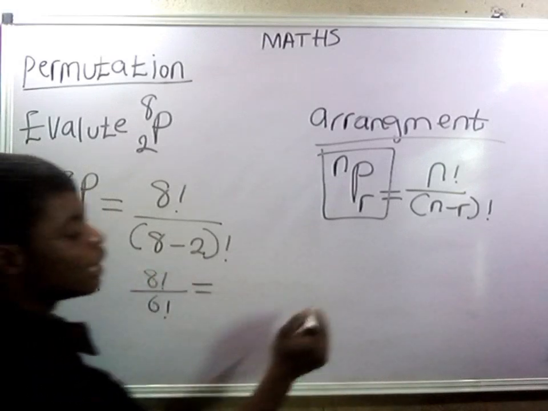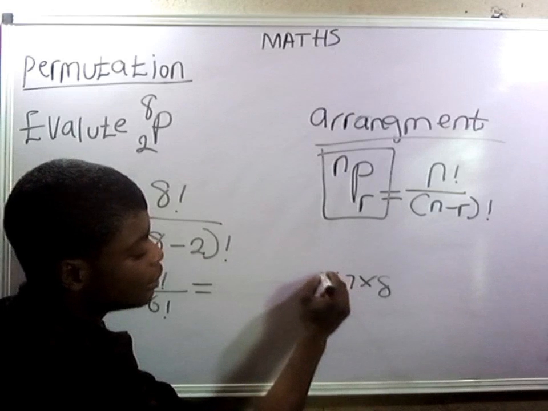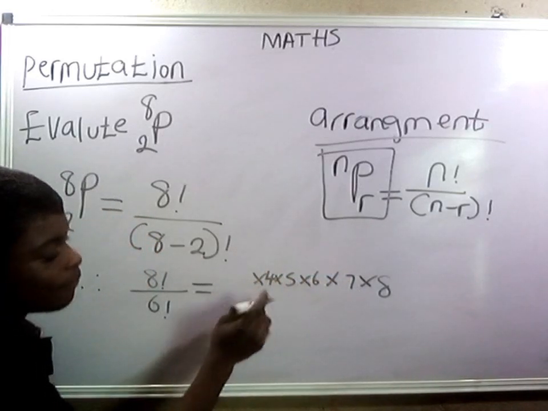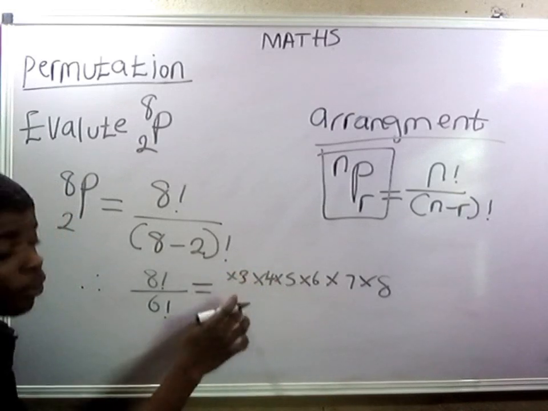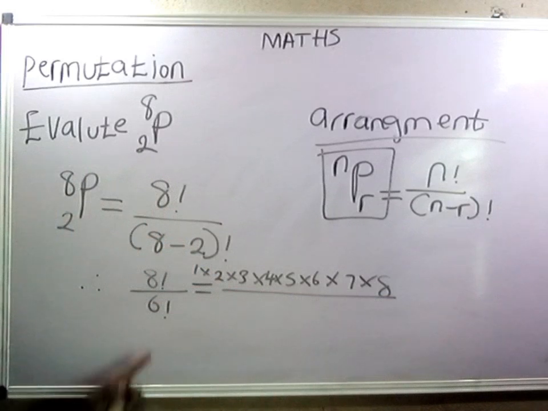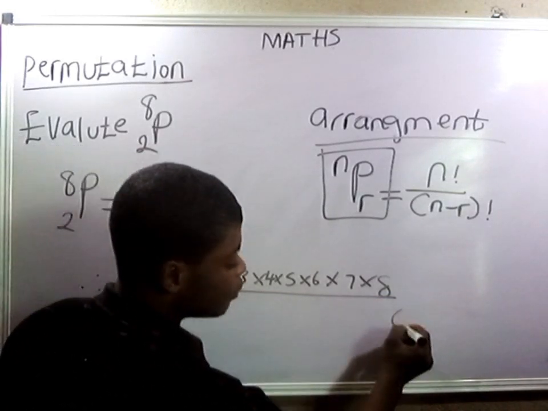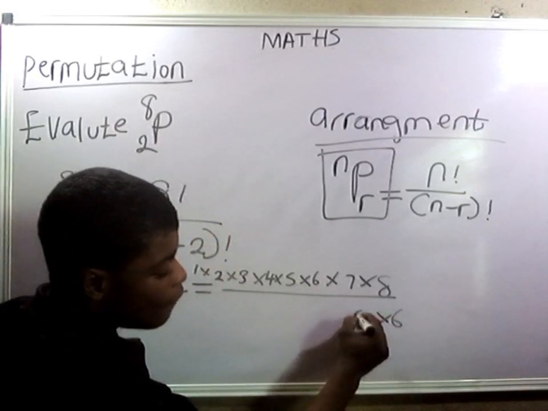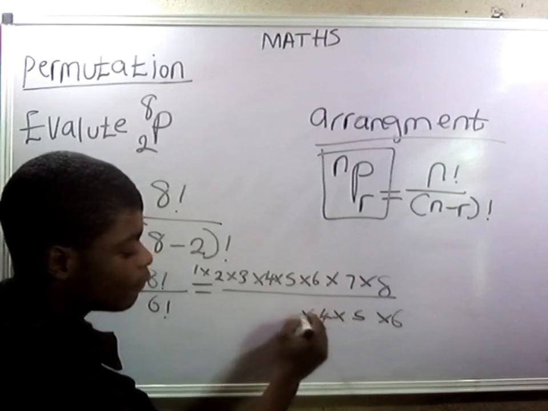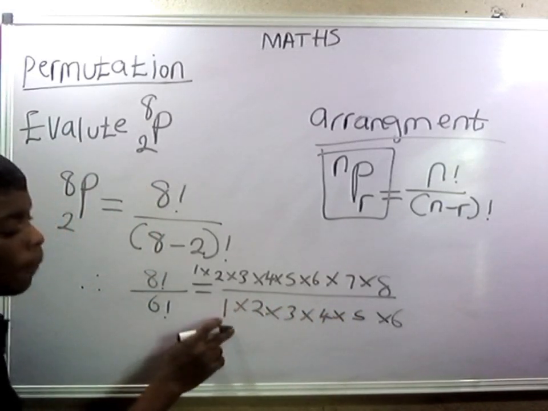So 8 factorial will be 8 times 7 times 6 times 5 times 4 times 3 times 2 times 1, all over 6 factorial. You multiply 6 backward to get to 1, so 6 times 5 times 4 times 3 times 2 times 1.